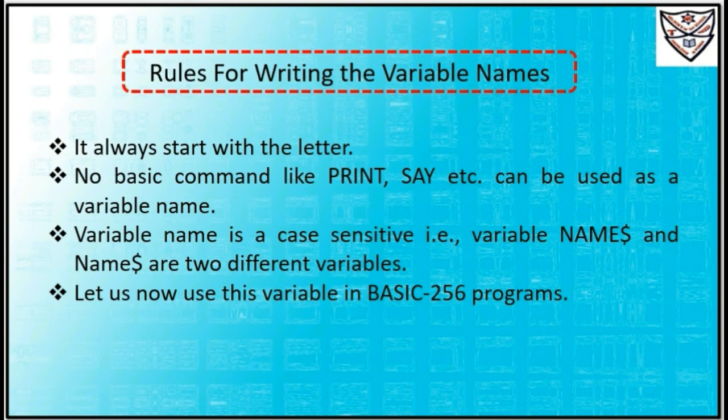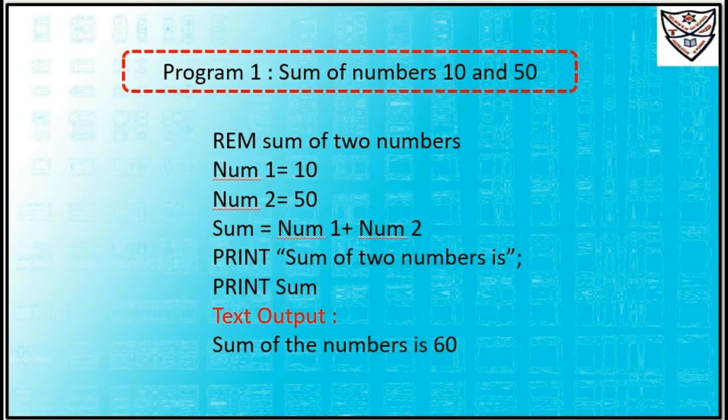Let us now use these variables in a BASIC 256 program. First, to find the sum of the numbers 10 and 50. REM sum of two numbers. num1 equals 10, num2 equals 50, sum equals num1 plus num2.